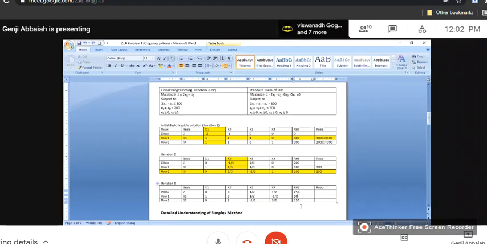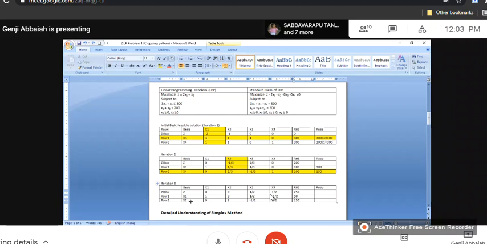X3 is equal to 0, x4 is equal to 0, because if variables are not under the basis, they get zero values. So x3 and x4 are not present here, so they are 0.